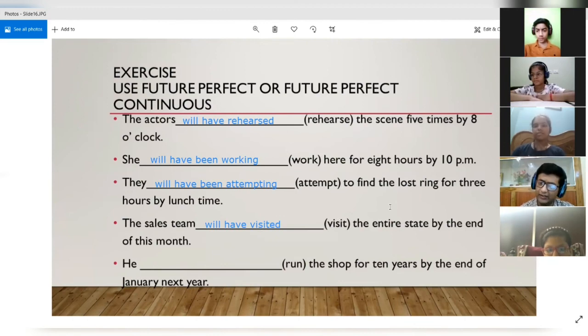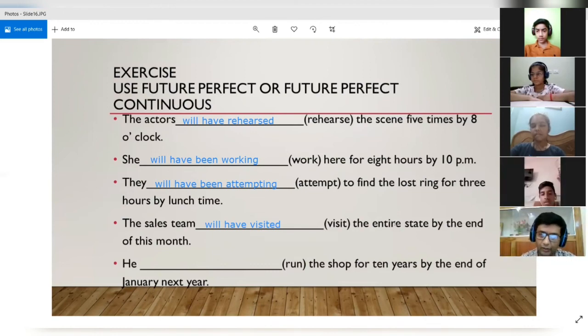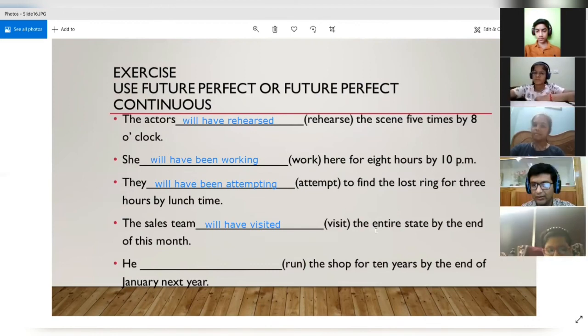They would have visited the entire state. Okay. The entire state shows that they have visited everywhere in the state when the month ends. By the time the month ends, they will have visited the entire state. Okay.